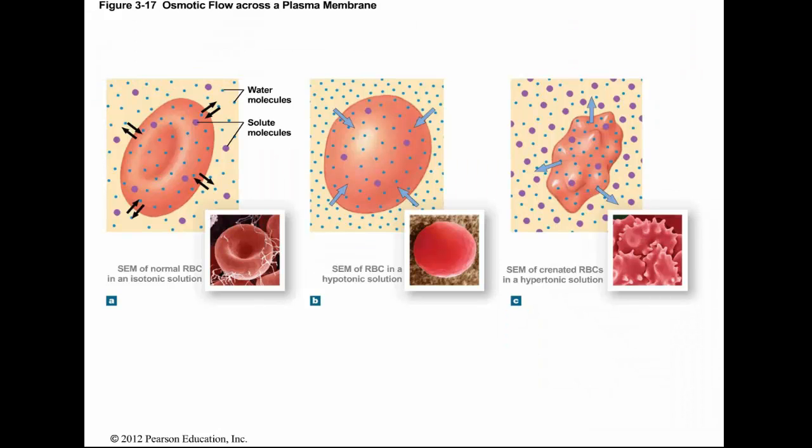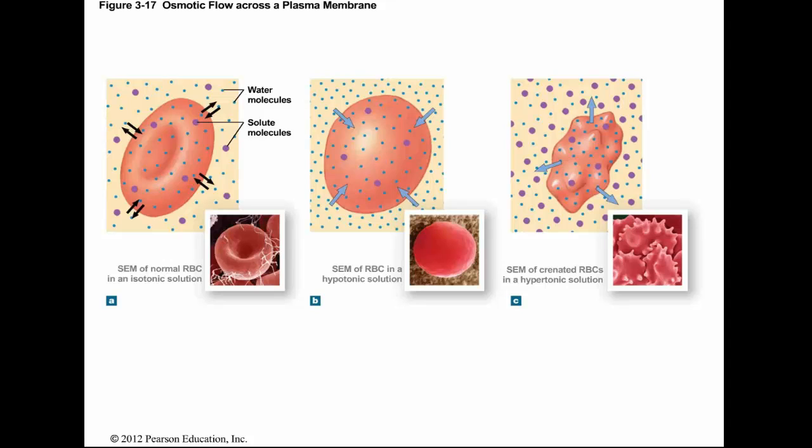On the other hand, if we have a hypotonic solution, where the solute on the outside of the cell is less than inside the cell, then water will move inside the cell. And that's where the red blood cell that did look like a donut without a hole in it is now looking like a round ball. And this can be caused to excess, where that ball will burst and rupture, called hemolysis. And the contents of the red blood cell will be liberated out into the environment.